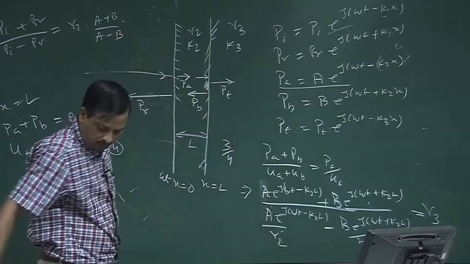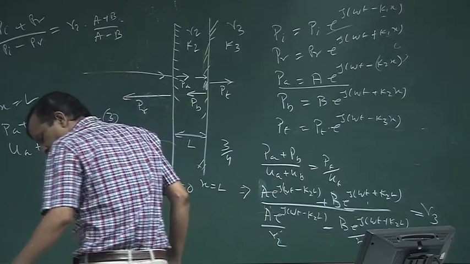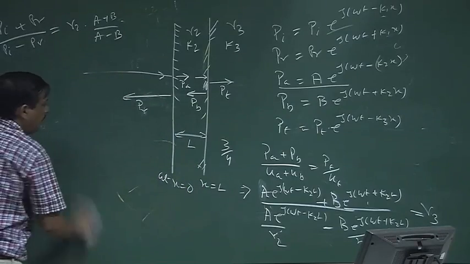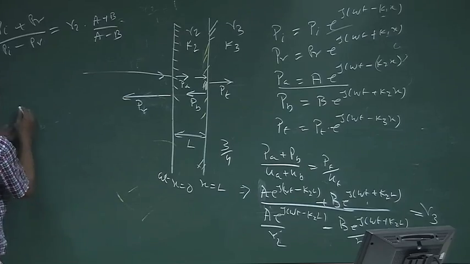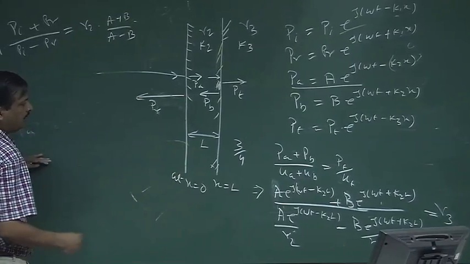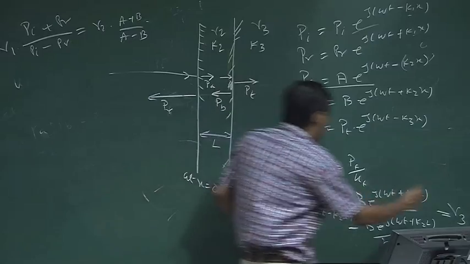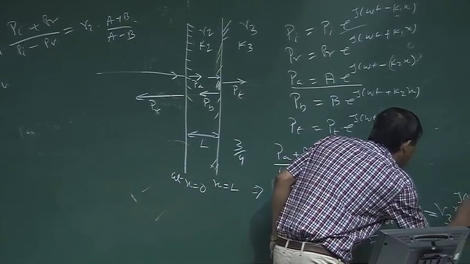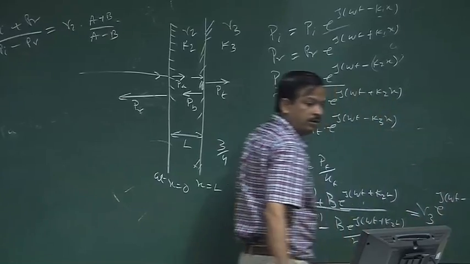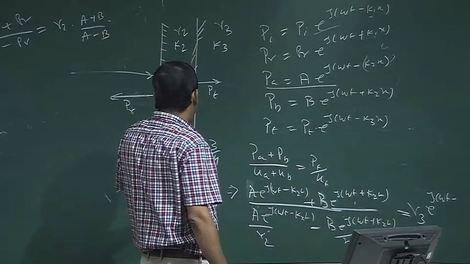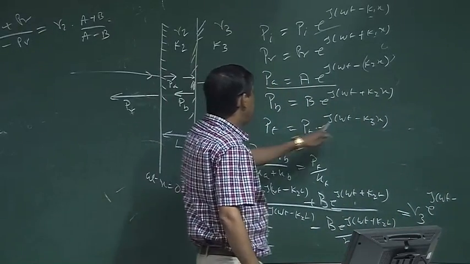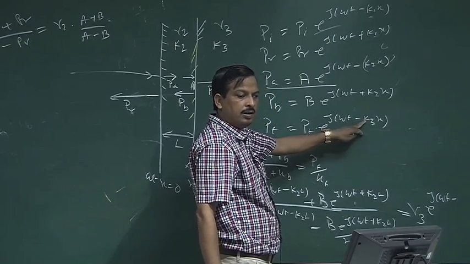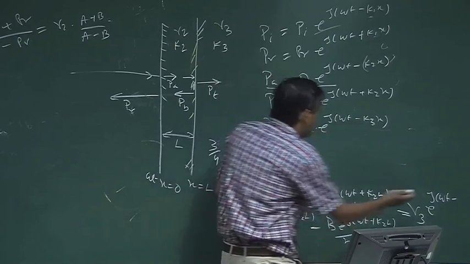Okay. Now from there what will I get? The e to the power j omega t will be cancelled, and the amplitude PT will be cancelled, so it is nothing but R3.